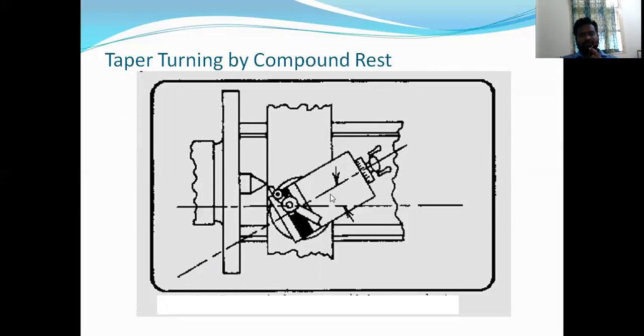Only up to the length the compound rest moves is the taper produced. After the movement reaches its maximum position, the taper shape also reaches the end point. This is the drawback of this method.